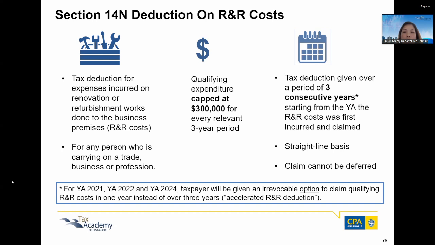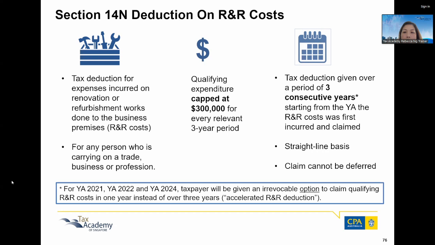And companies who choose to claim, if company has incurred renovation and refurbishment costs in a year of assessment 2021, 2022, and 2024, can choose to claim deduction on the qualifying renovation and refurbishment costs over 1 year instead of 3 years. Okay, so these are the rules for deduction.